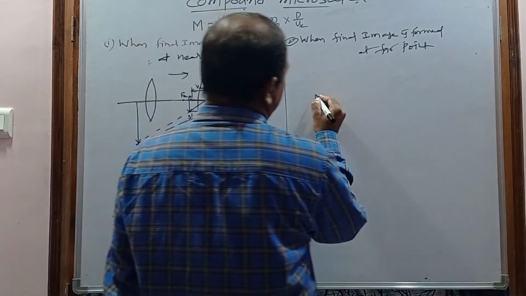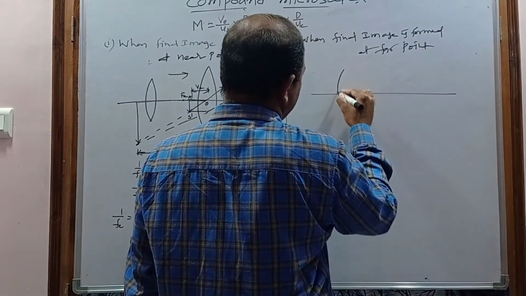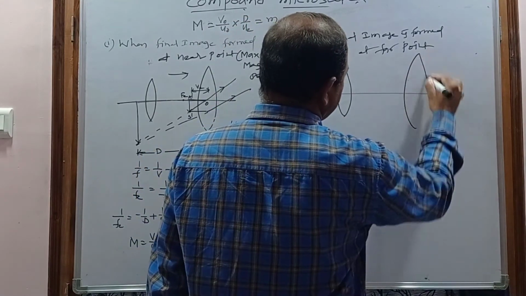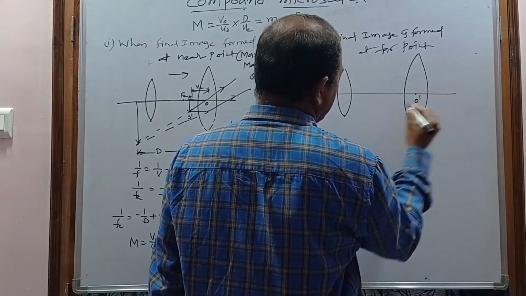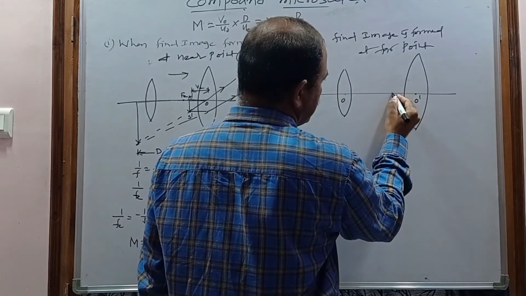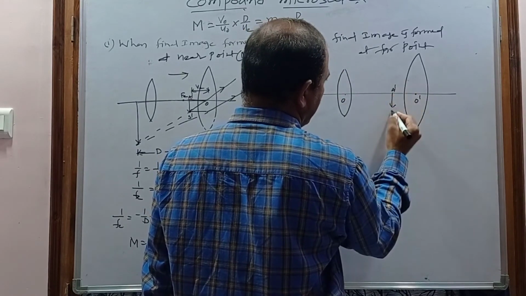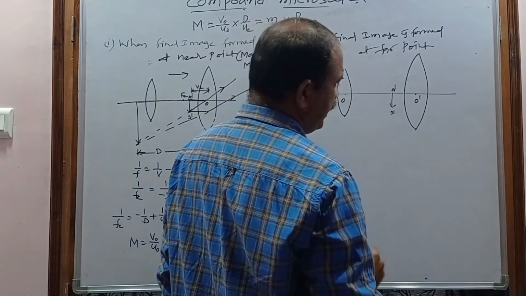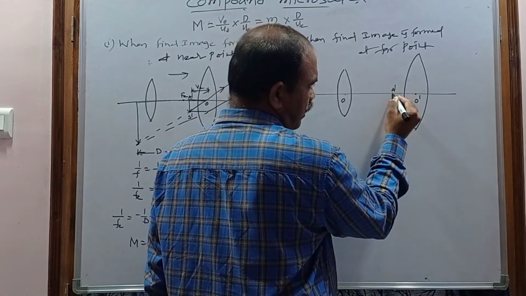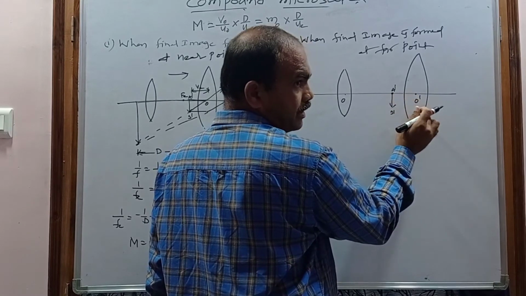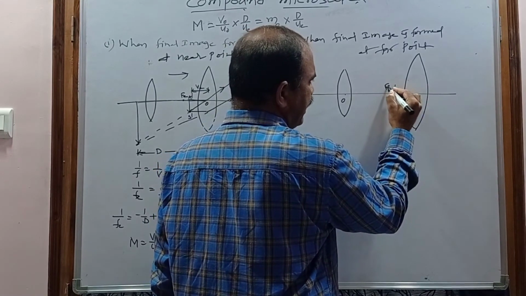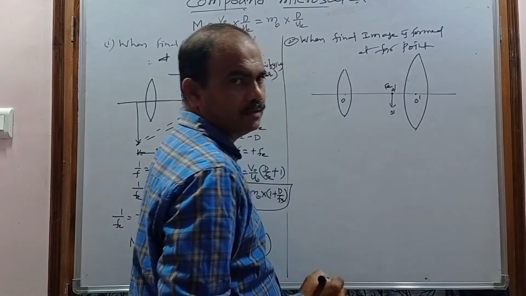Now I am again drawing the diagram here. So these are the objective and this is the eyepiece. Optic center O dash, this is the O. Now this is the object A dash B dash for the eyepiece. Now when it is adjusted, the object for this eyepiece will be kept exactly at the focus of the eyepiece by using the screw.